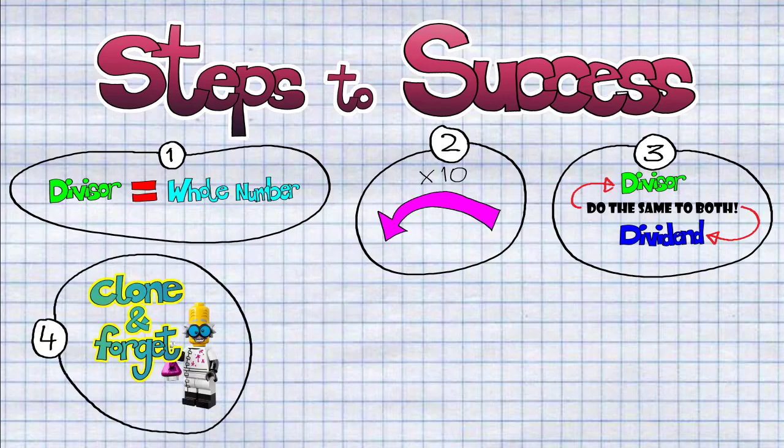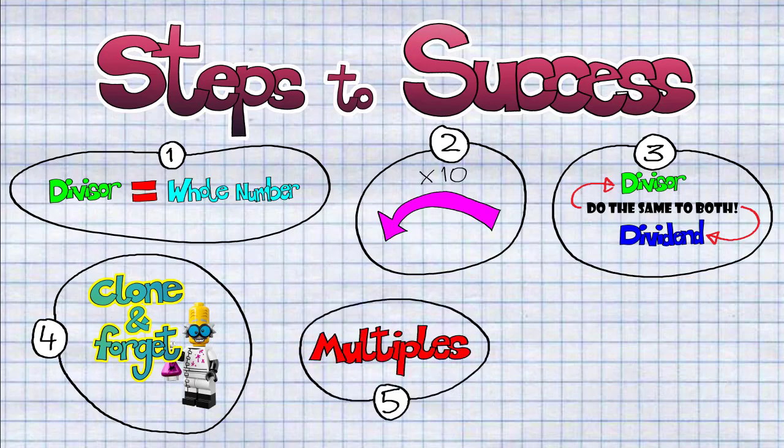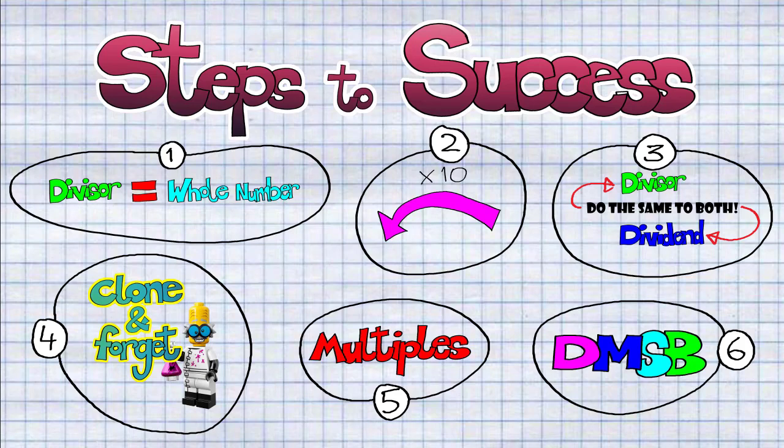After that, if the dividend still has a decimal point, we clone it above the line and forget about it. Then we do our multiples of the divisor, and then we go through our standard long division steps: divide, multiply, subtract, and bring down.